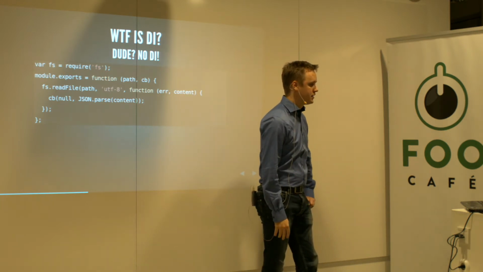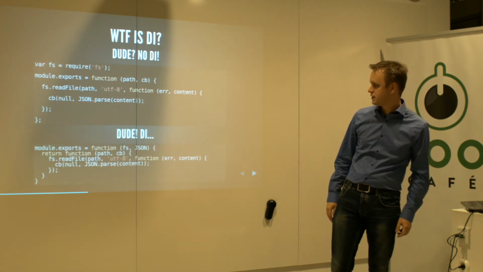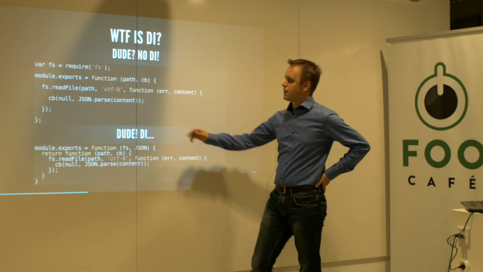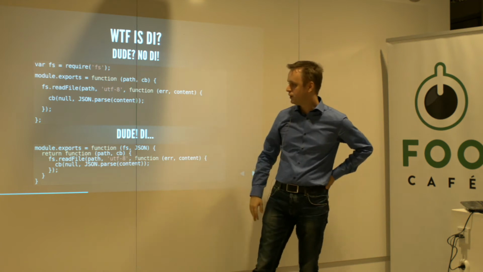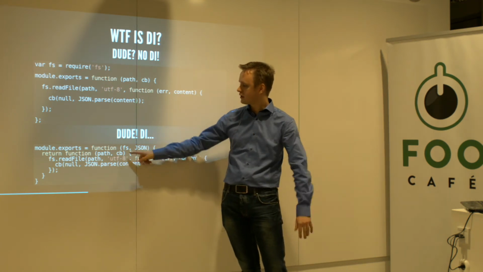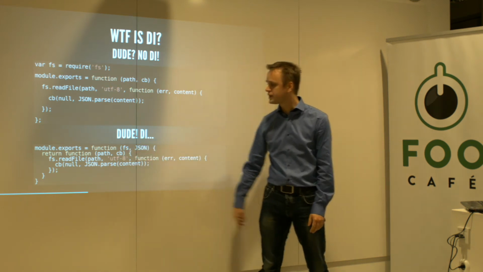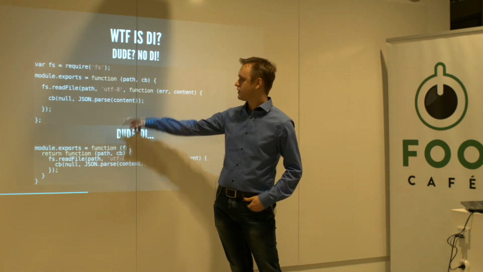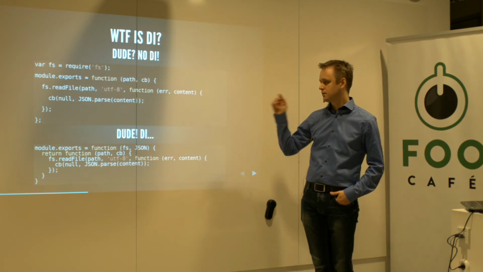How could this be done with dependency injection? If you can see it on the bottom there. Instead of just exporting the function, we export a factory function where we inject these two things that we need, the file system and the JSON object. And then we return this function that is exactly the same as above.